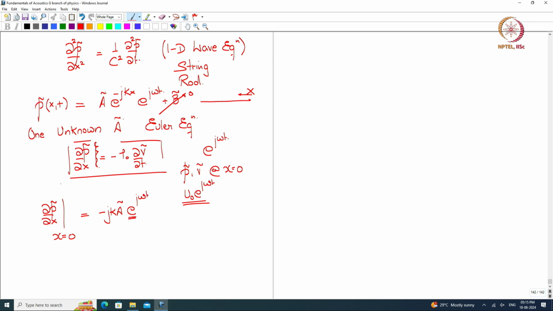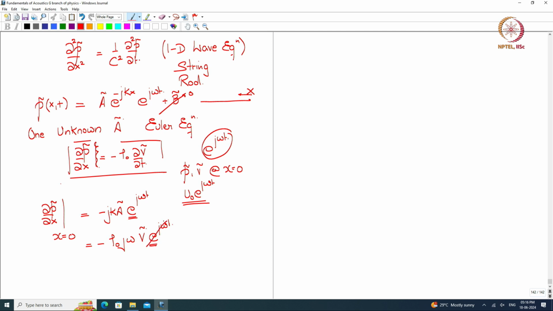That is equal to minus rho 0 del v tilde by del t, and v tilde has the same time dependence, so the derivative brings me a j omega. I will always play this game of keeping and not keeping e to the power j omega t with awareness, because it is a bit cumbersome keeping track.